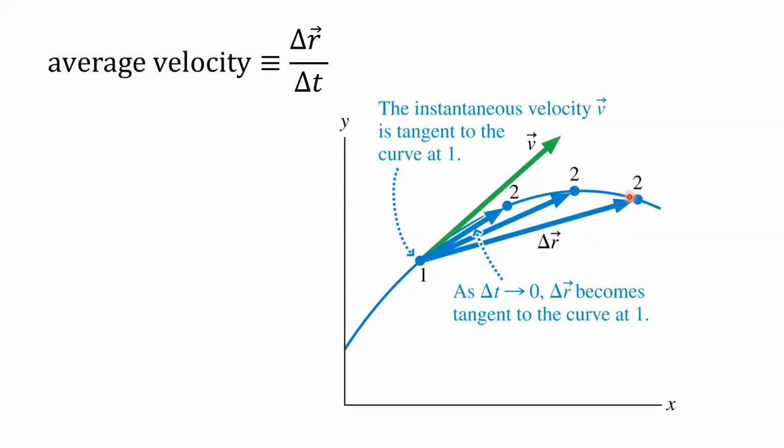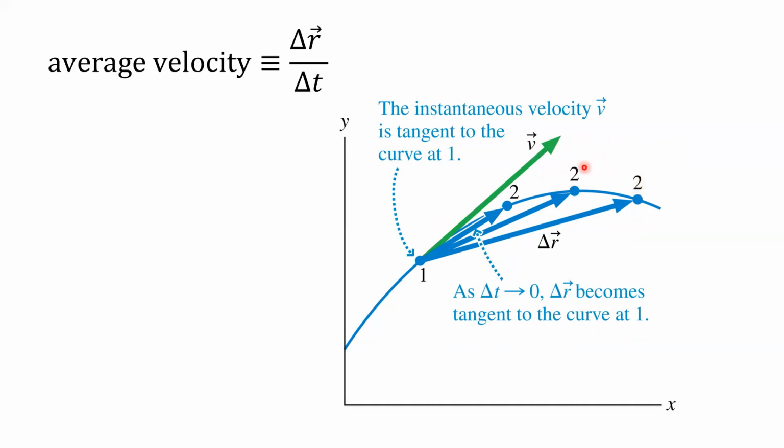Now, if you compute the final position at times that are closer and closer to your initial position, it's a little misleading with the multiple 2's here. Just to pick numbers, maybe the time when the ant was here is 10 seconds, and maybe the time when the ant was here was 11 seconds.